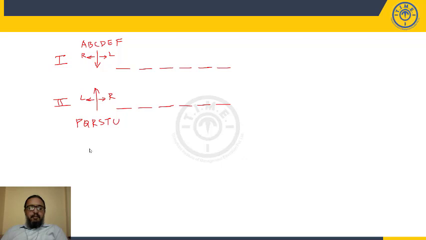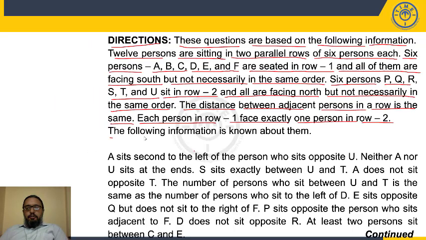Okay, right. Now the following information is known about them. A sits second to the left of the person who sits opposite to U. So it is the person in the second position. That is, the person is sitting opposite to U and A should be second to the left of that person. Okay. And he says neither A nor U sit at the ends.